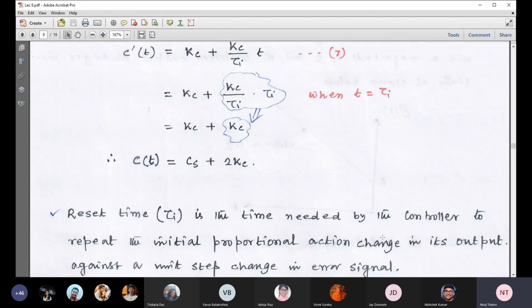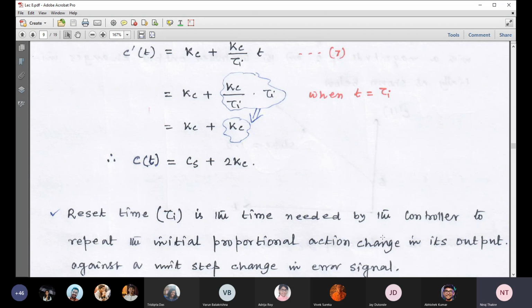You see the definition for reset time? Fine, I think it is quite obvious.